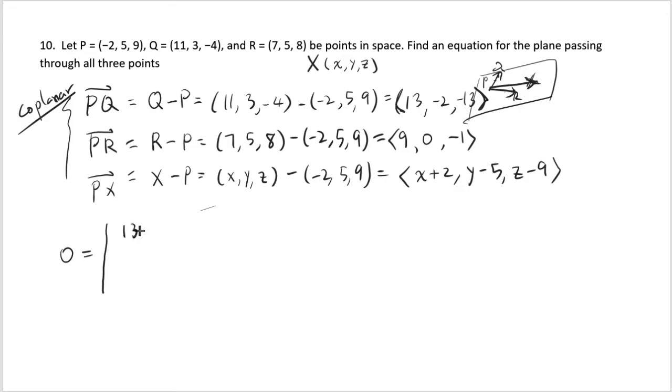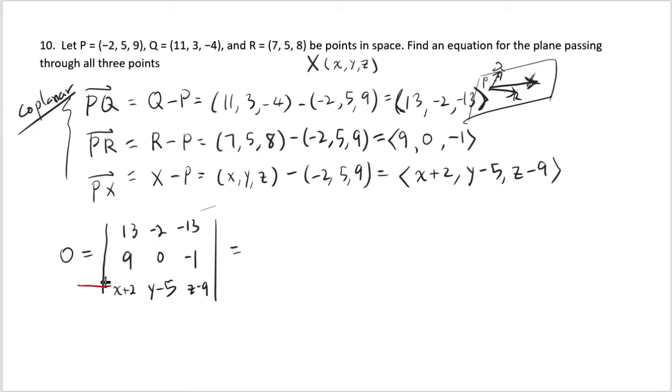So we write down 13, -2, -13, then 9, 0, -1, x + 2, y - 5, and z - 9. And that gives you what, I think the best way to do this would be to expand along 9, 0, -1, actually, I changed my mind. So this is definitely a good way to do it, but I'll just expand using the last row.